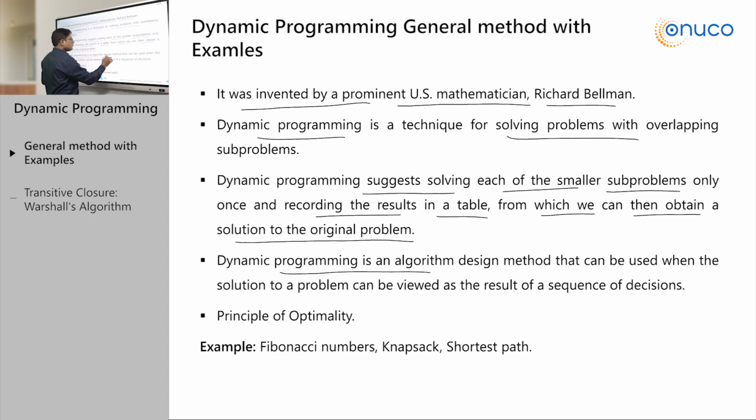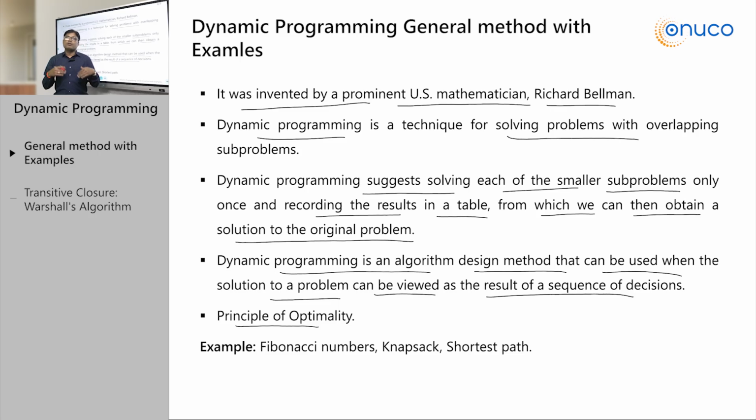Dynamic programming is an algorithm design method that can be used when the solution to a problem can be viewed as the result of a sequence of decisions, and it works on the principle of optimality. What it means is that every time our tendency is to find optimal solutions. If you are finding the shortest distance, it should be the minimum.